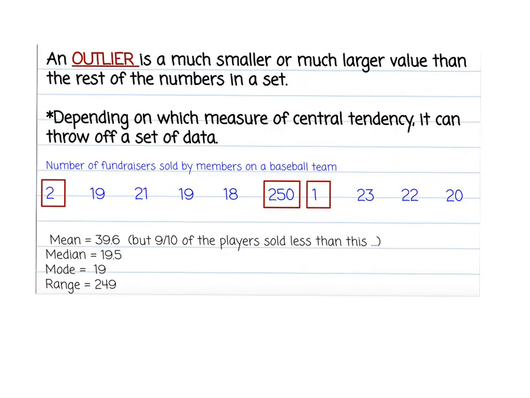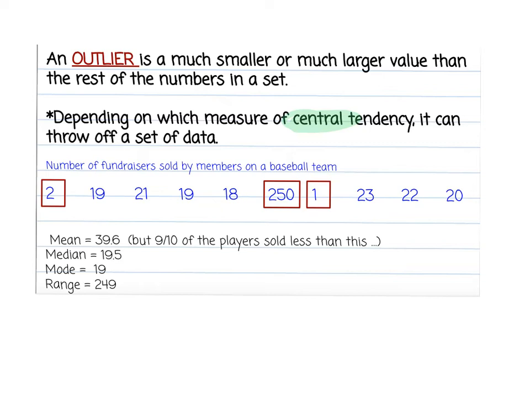Okay, so, promising you, as before, we're going to get to outlier now. So an outlier is a much smaller or much larger value than the rest of the numbers in the set. You think the word outlier kind of sounds like outsider. So it just doesn't fit. It's not really in that measure of central tendency, remembering that central kind of means that middle or representing the majority there.